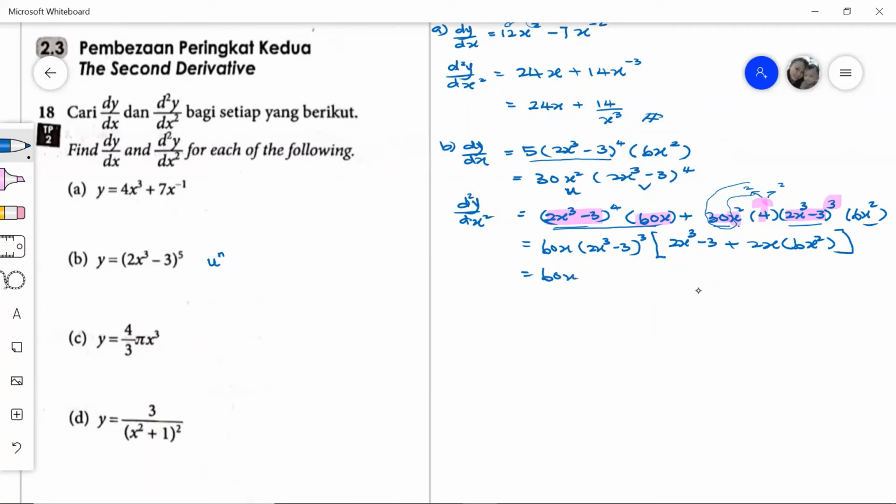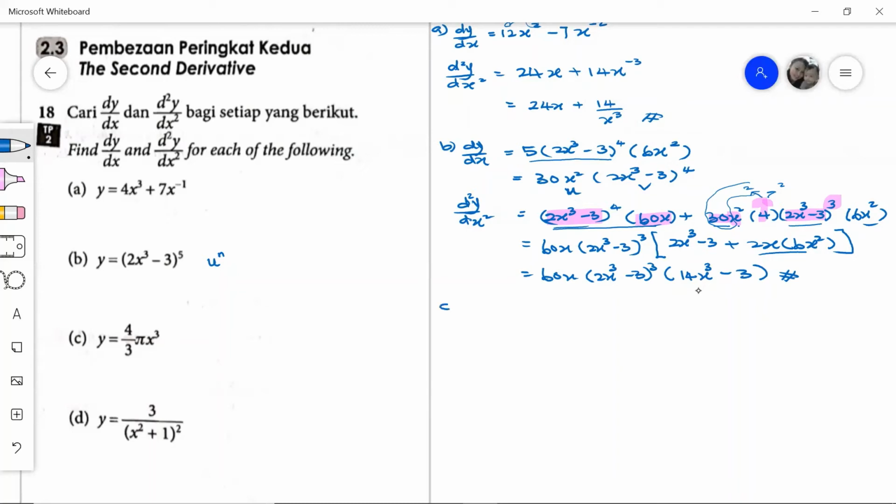So let's simplify. Over here we have 12x cubed plus 2x cubed. So we have 14x cubed minus 3. That's it, the second derivative of B.